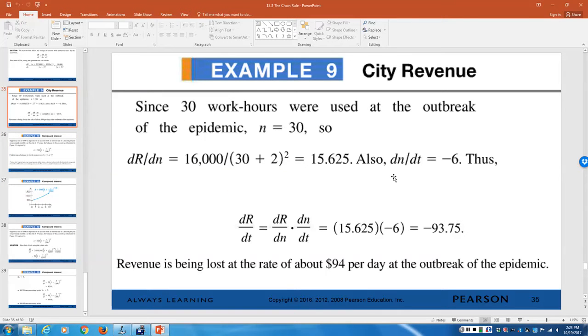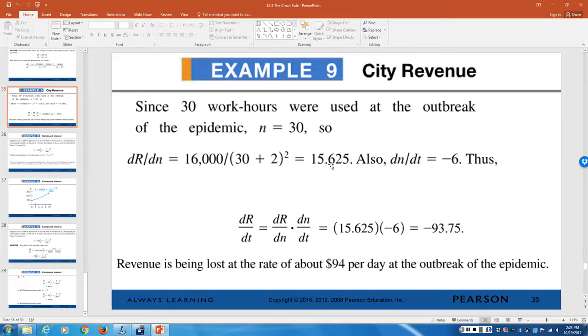So what we do is we multiply the derivative of the revenue by the derivative of the work hours that we're given in the problem, where it says it's decreasing by 6 hours a day. And since we're actually looking for revenue, what this is giving us is $15.63 roughly per day.